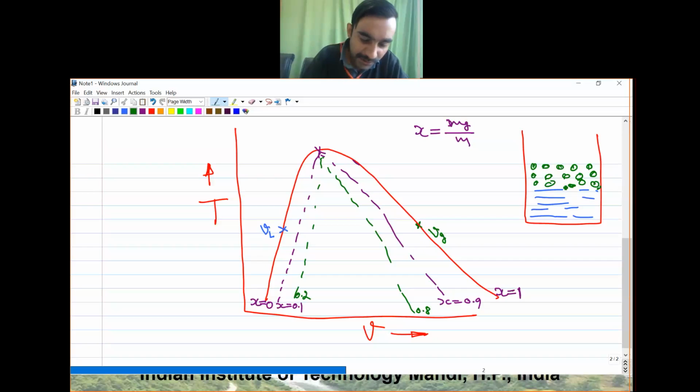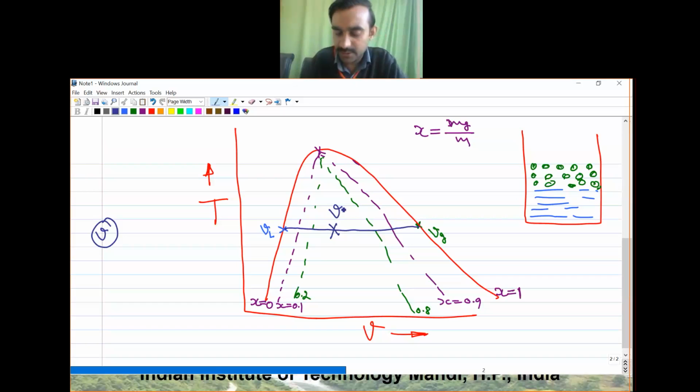Now we have this mixture. Let's say we have an arbitrary value of x. Corresponding to that value of x, if we find that V is our overall volume, obviously that overall volume will lie in between our liquid vapor dome. This is our line of constant temperature and constant pressure, and over this line the volume V occurs.